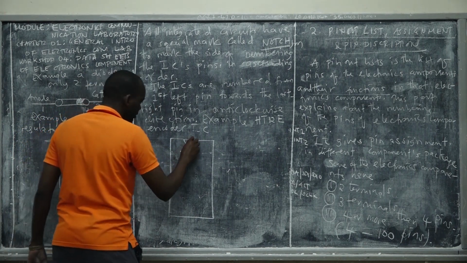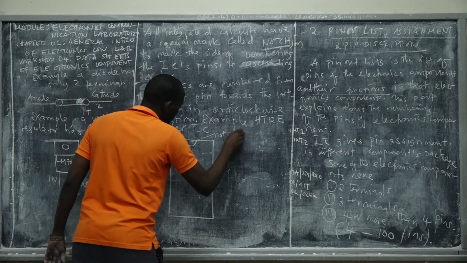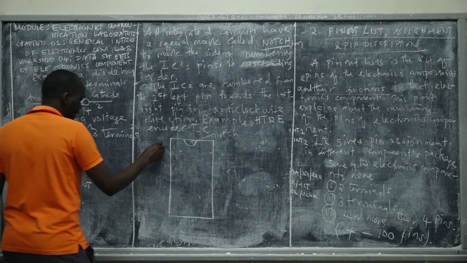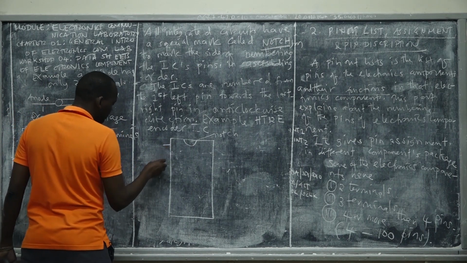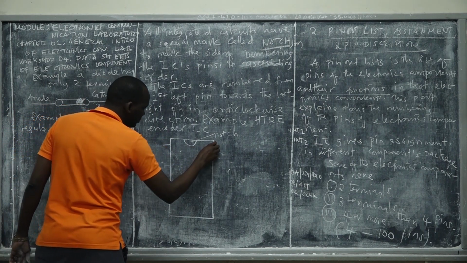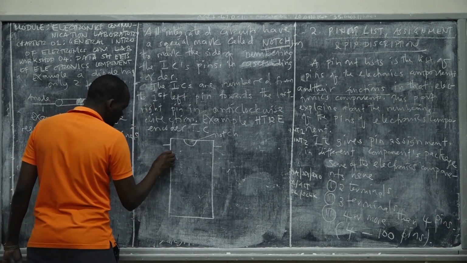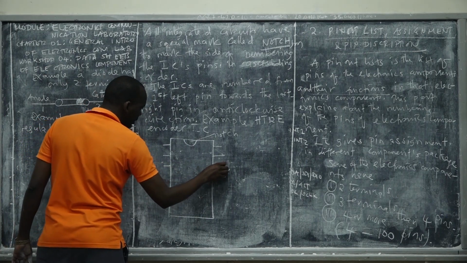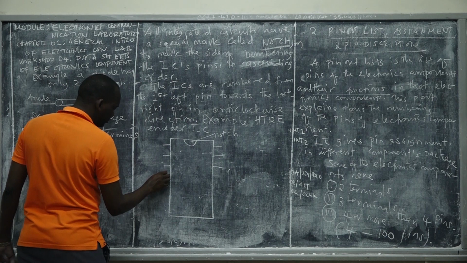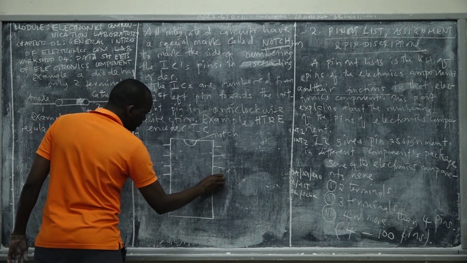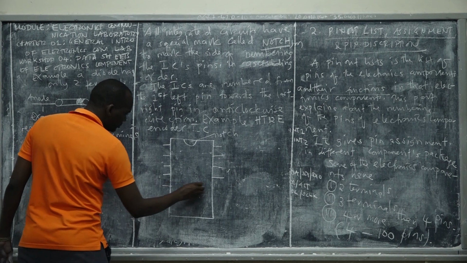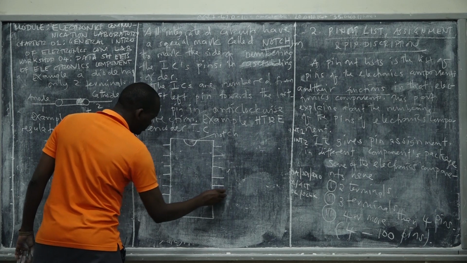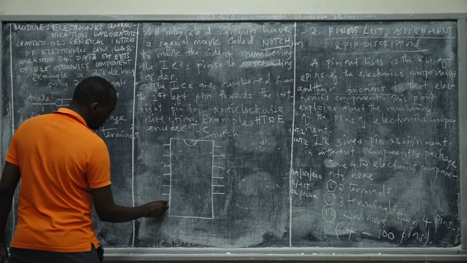It has a notch here. Then you have to use a ruler to draw these pins. First pin, then you draw the next pin. You have to use a ruler to make sure that these pins are in a straight line. One, two, three, four, five, six.